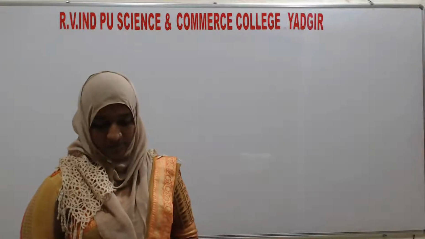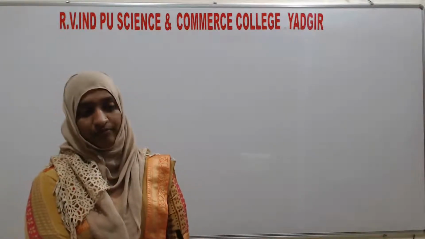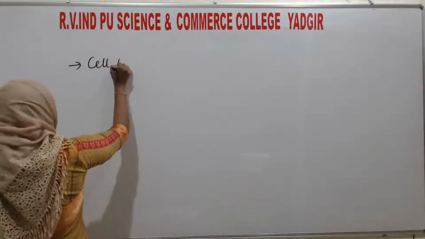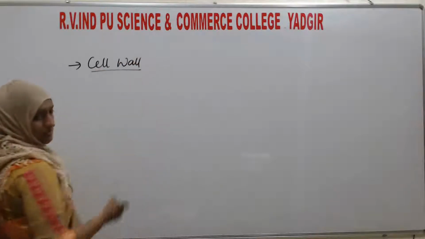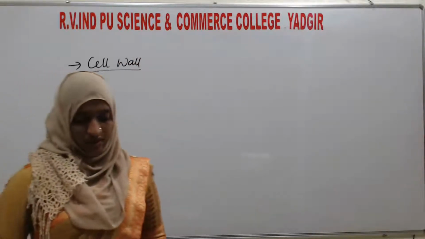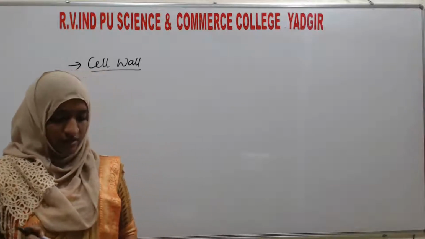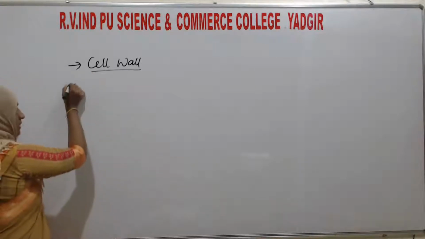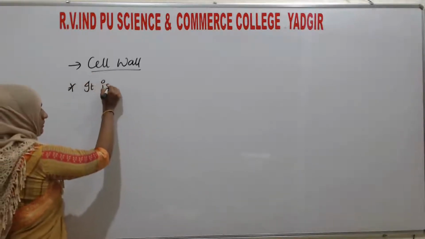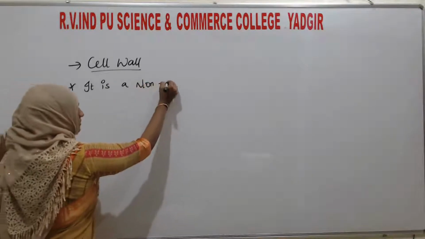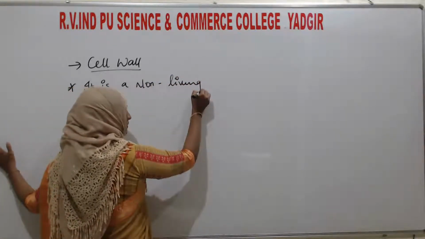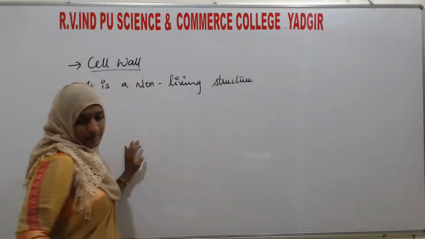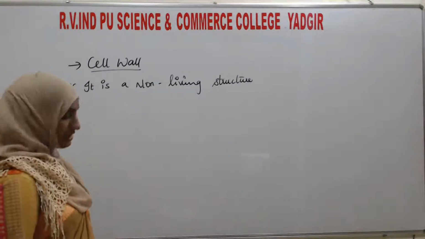So today we will see the next topic, the cell wall. What is the cell wall? It is a non-living rigid structure and forms an outer covering. Why do we say it is a non-living rigid structure?